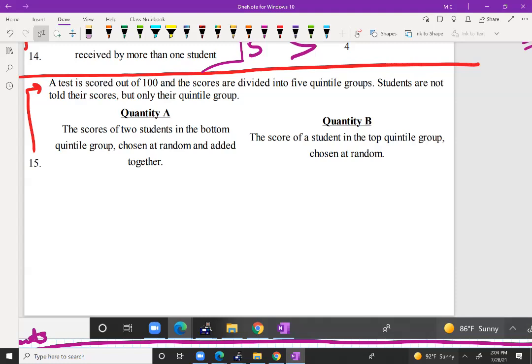I'm just going to guess B is greater. Of 100. 18 of 100.